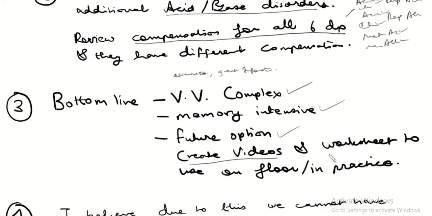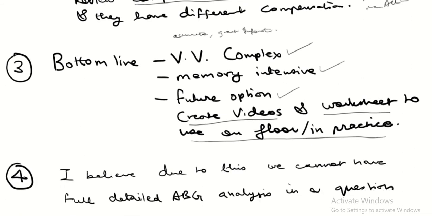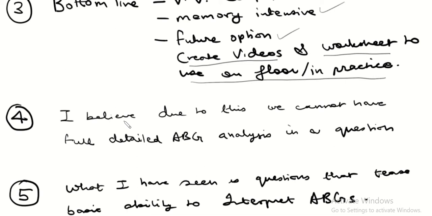And with the video, I'm going to create a worksheet that can be used in practice to actually do ABGs. However, because it's very complex and very memory intensive, I do not believe that we can have a full detailed ABG analysis on a board question. I do not believe that this is going to come to pass.